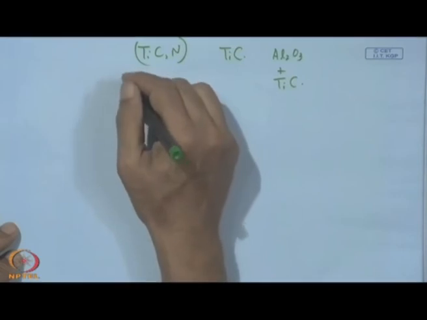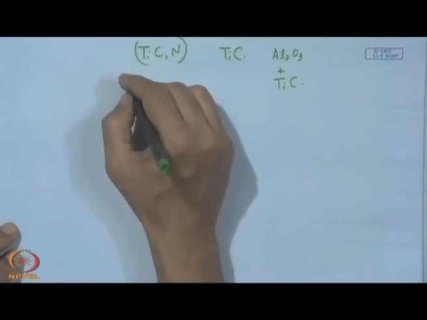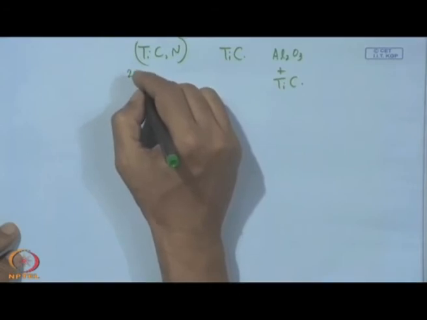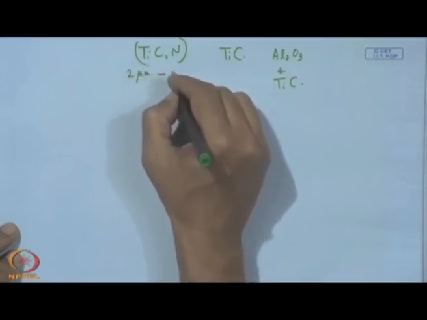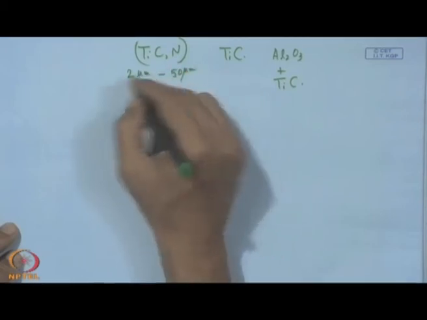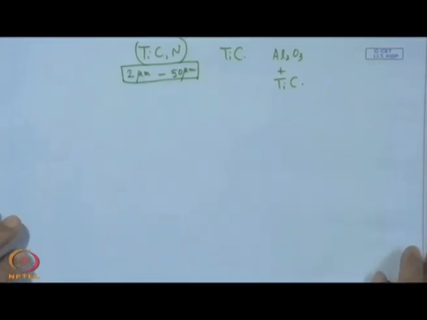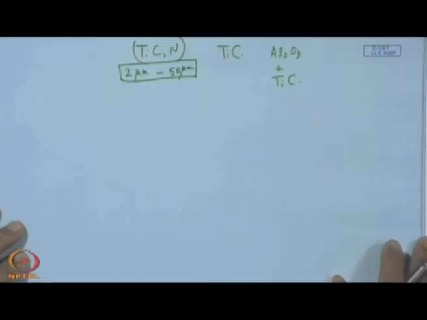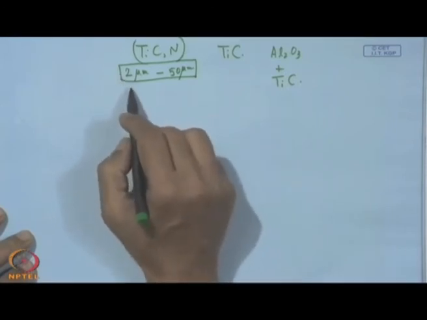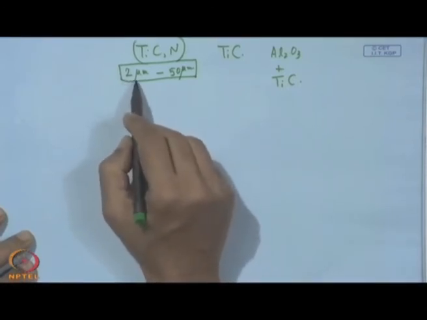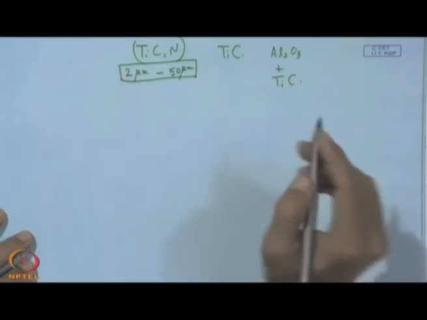Now, this coating can be put in from a coating thickness of 2 micron to as high as 50 micron without any difficulty. At least after the deposition there was no visible mark of failure at the interface from visual inspection. So, the coating has been deposited in steps of 2 micron from 2 to 50 micron.